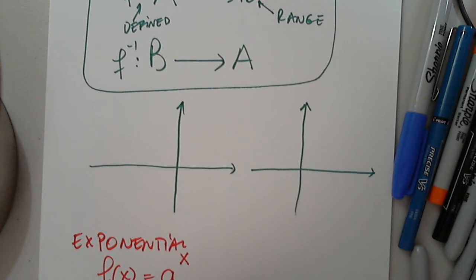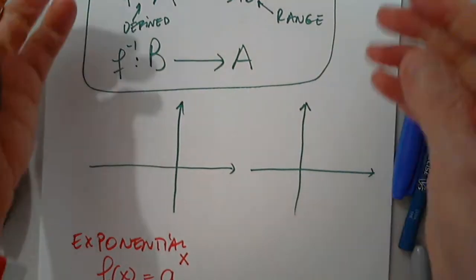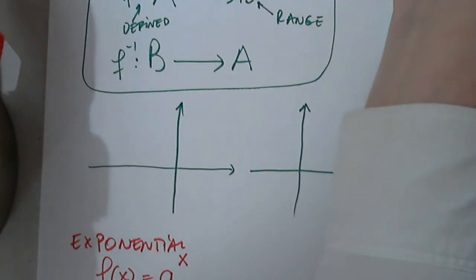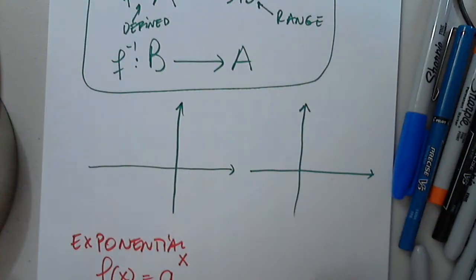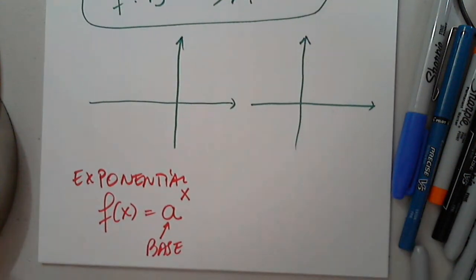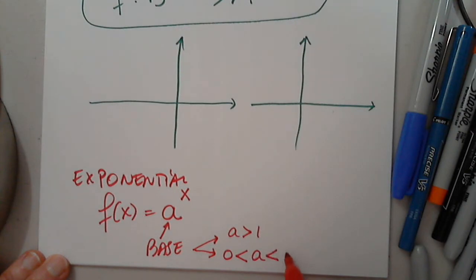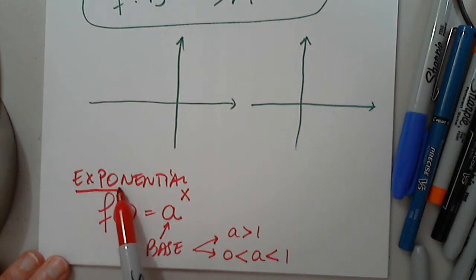The base is limited. What do I mean by limited? The base can only be a number greater than 1, not 1, or a positive number between 0 and 1, not 1 and not 0, in order to define the exponential function.